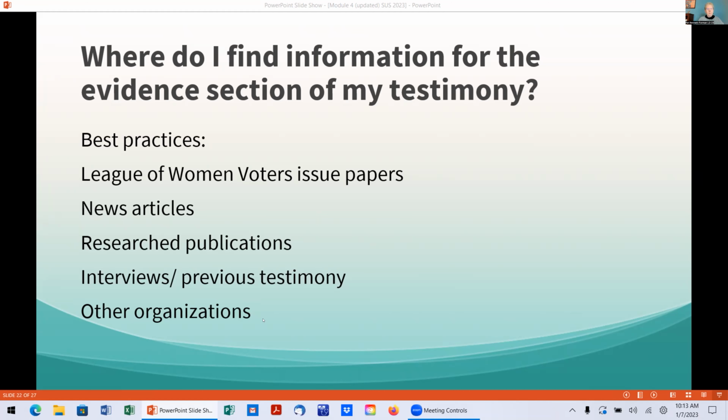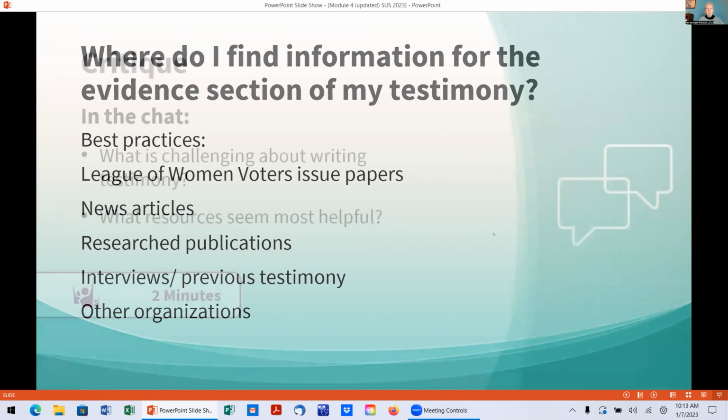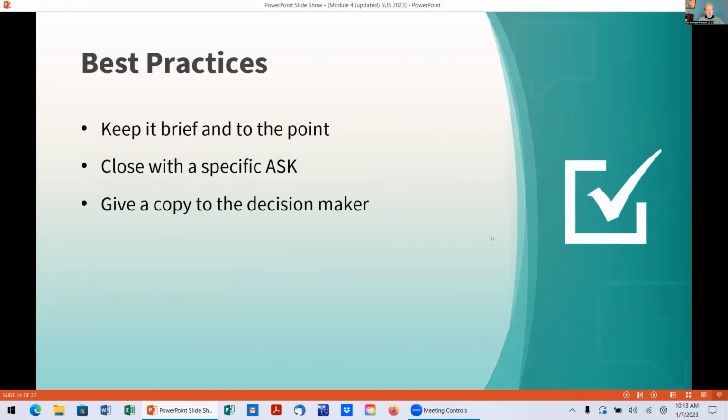So this is a good time to go to best practices and to just kind of do a quick review as we wrap up things here. People who have experience in giving and writing testimony recommend that you keep your written testimony brief and to the point. So using things like bullets and numbered sections can help to organize it in a way that will assist you with that.